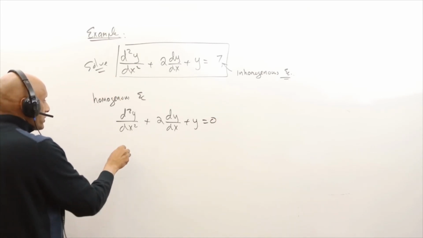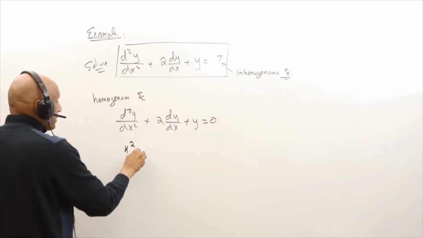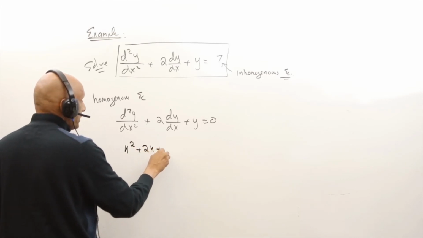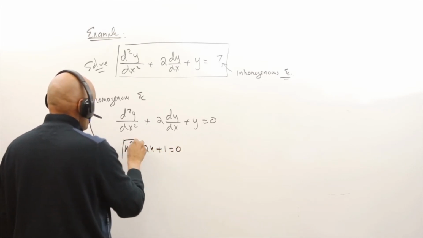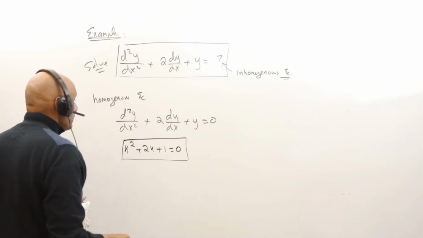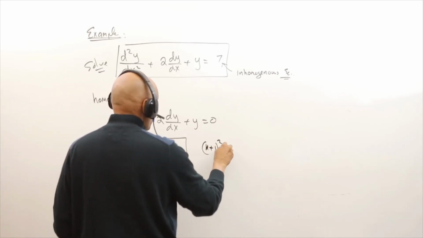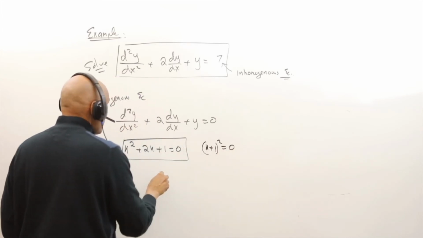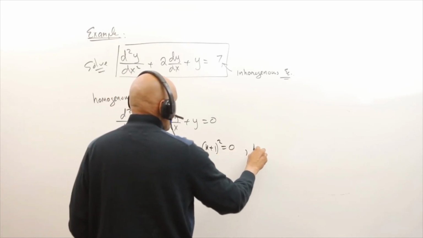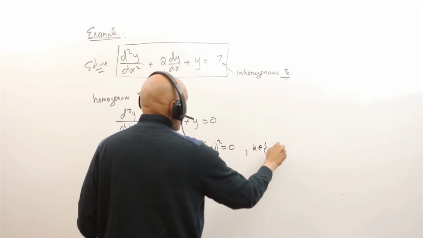So we get a characteristic equation of k squared plus 2k plus 1 is equal to 0. We solve for k, we find that this is actually k plus 1 squared is equal to 0, which means that k is a member of the set of minus 1.